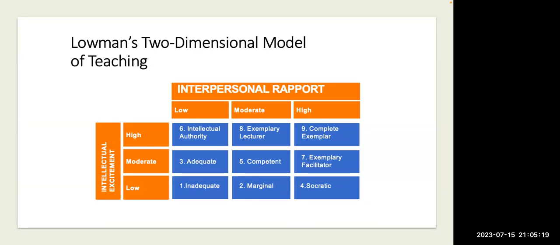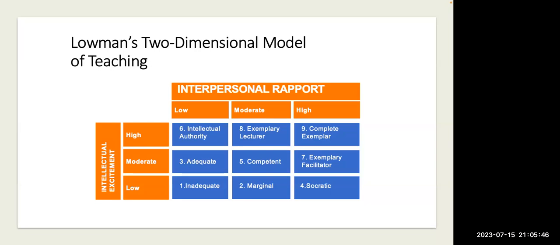Okay, now I think I need to explain a little bit about intellectual excitement. It means the content that you're teaching, the quality of content, the presentation. We can go back to the other graphic where he explains what he means by these things. But the exemplary lecture is your intellectual excitement. So it's the opposite of the two.